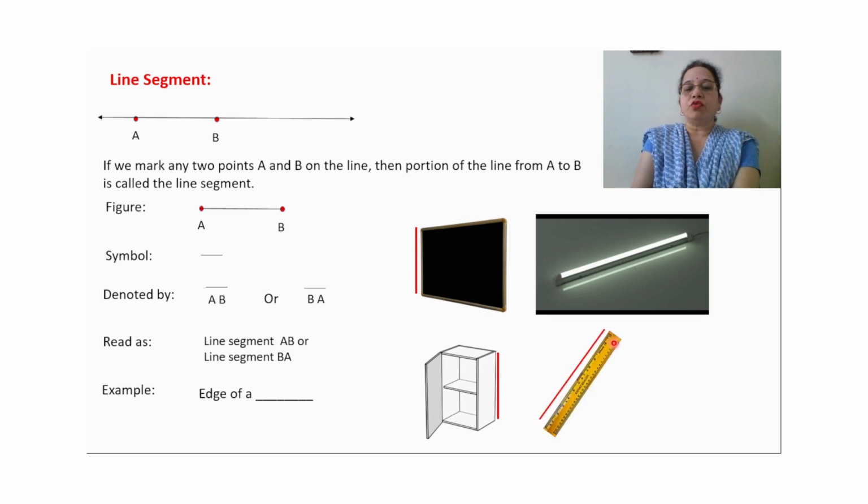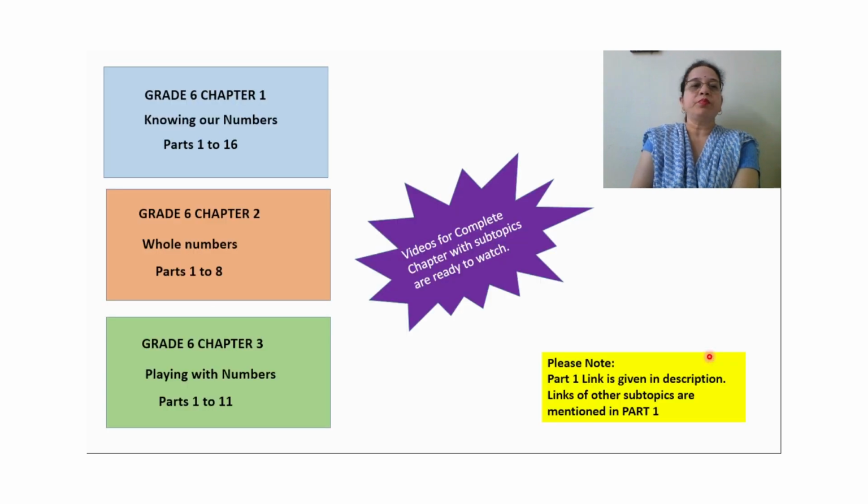And edge of a ruler, again this edge of a ruler is an example of a line segment. So to give example for a line segment, this is common. Edge of any object, you can write whatever object you can think. So edge of any object is known as a line segment. One more example, edge of an eraser.